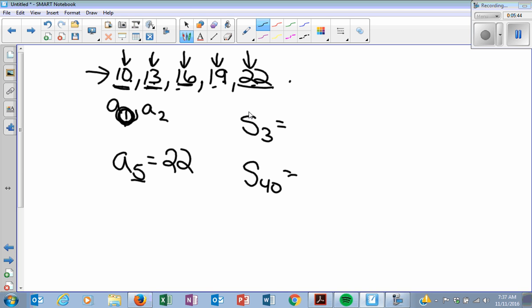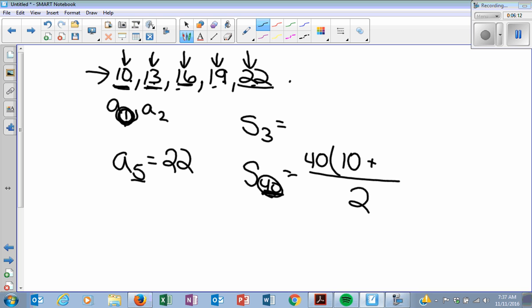So if I was doing this, what would I need to do? I would use Gauss's formula, which says 40 times A1, which is 10, plus, do I know the 40th term? So what would I have to do? I have to go back and use my explicit formula to find the 40th term.